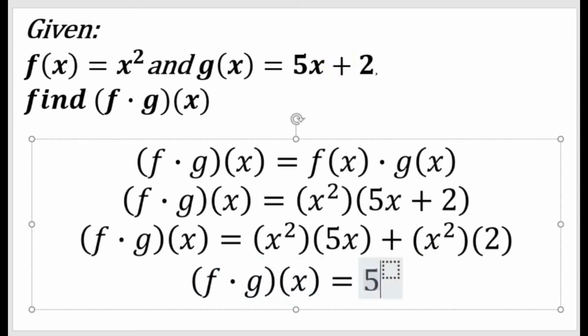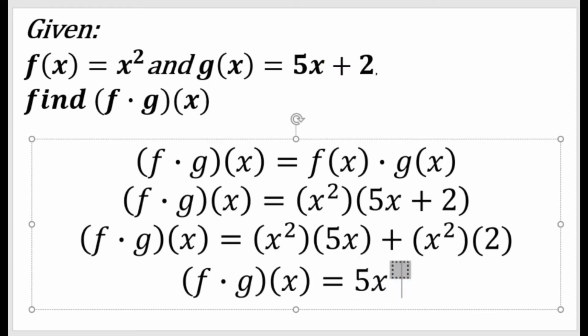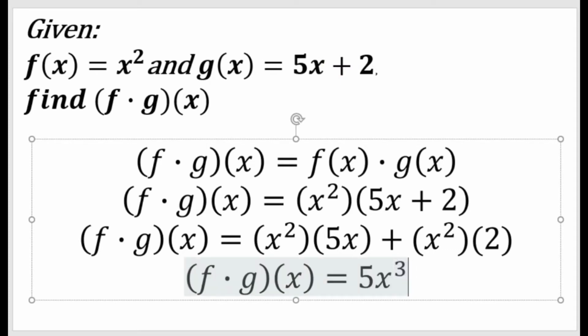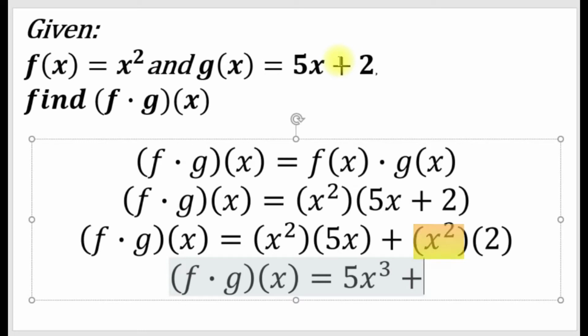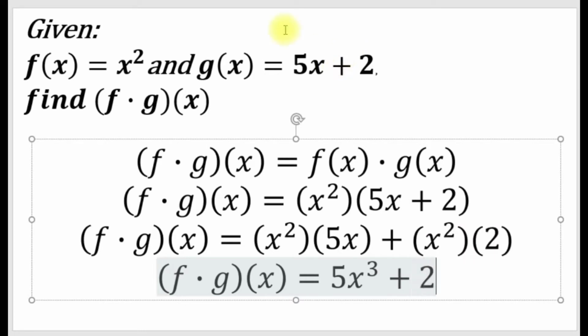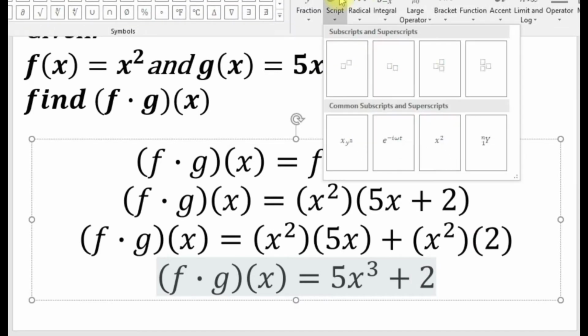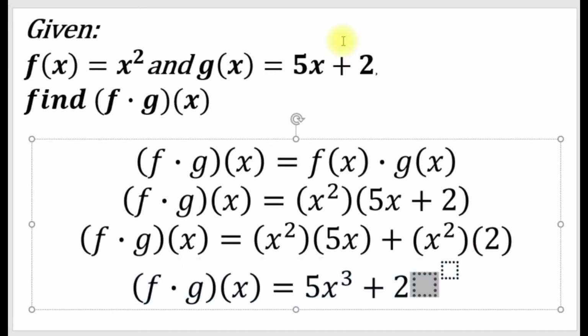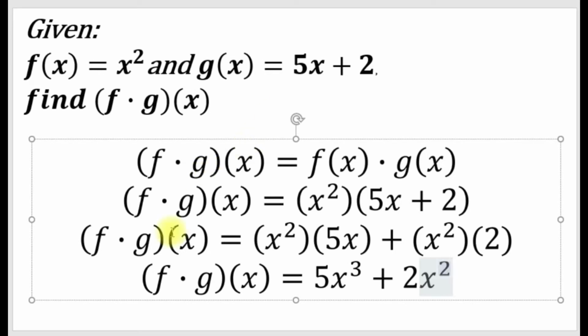And then x squared times 2, that is equal to 2x squared. Therefore, our final answer is f dot g of x is equal to 5x cubed plus 2x squared.